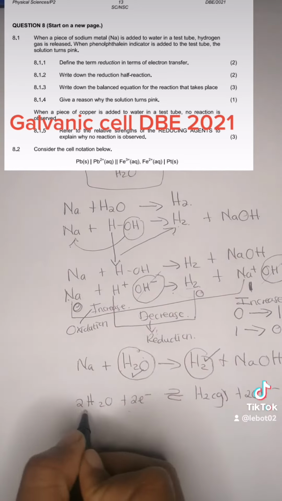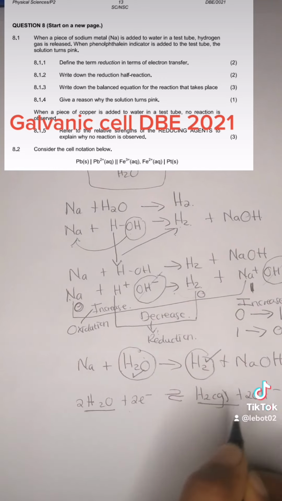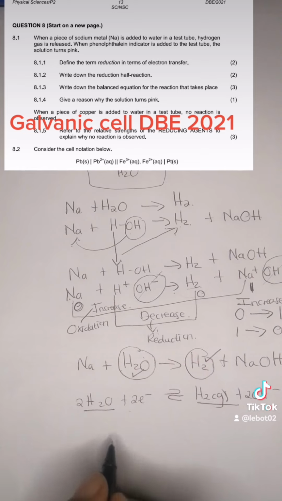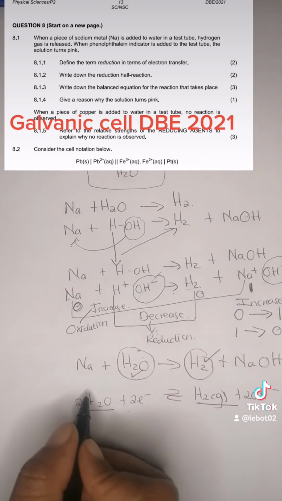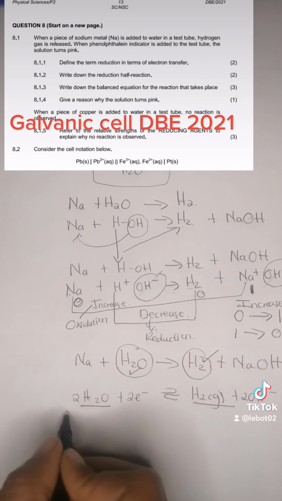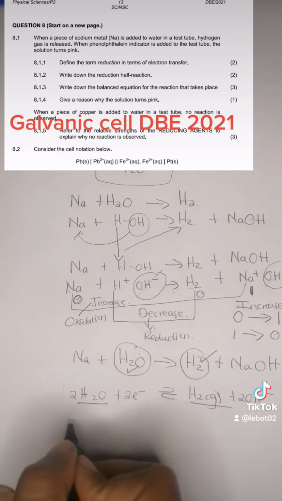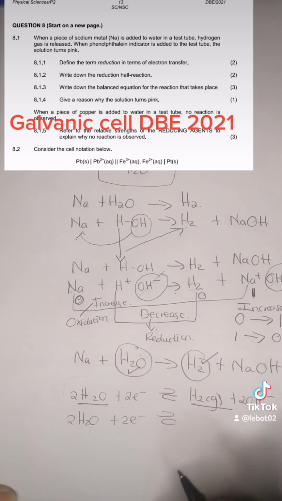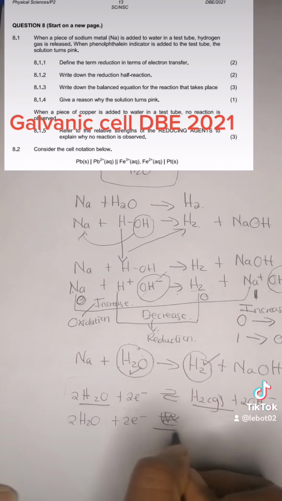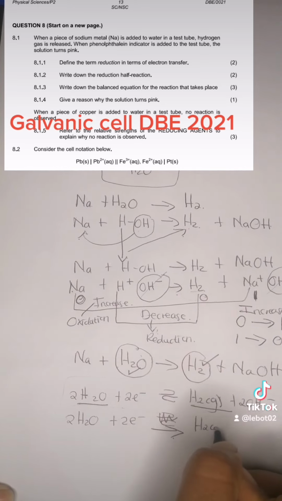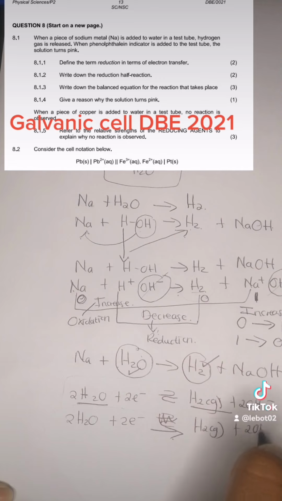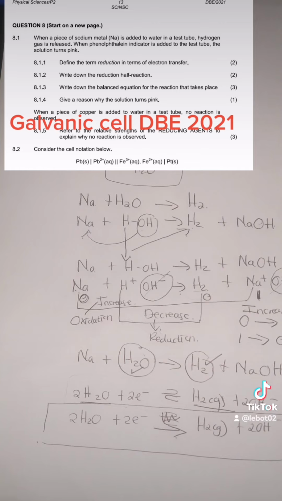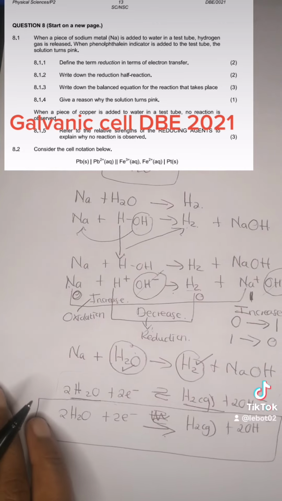So simply H2O and H2 gas, they are there on the table. So because they said we must write down the reduction half reaction, this is already in terms of reduction. So remember, for reduction we simply do what? Copy and paste. It will be one arrow to the right, so we are simply going to copy and paste, and this would then be your reduction half reaction.